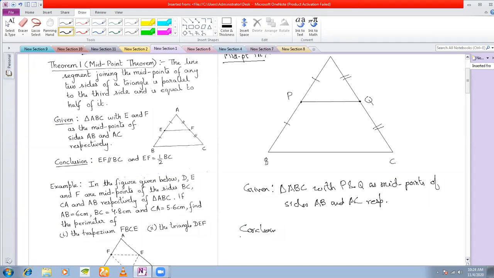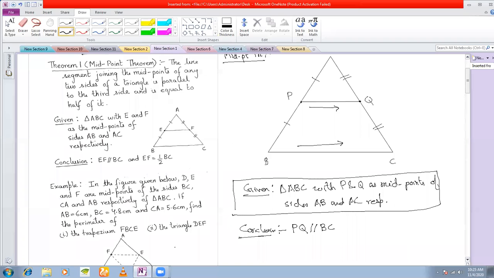You can conclude that this straight line PQ has to be parallel to BC. That is, this line PQ has to be parallel to this line BC. Only if these things are given; otherwise, you will not be able to conclude.